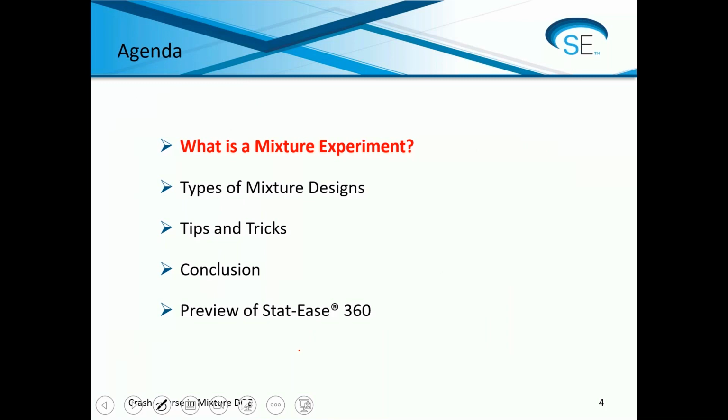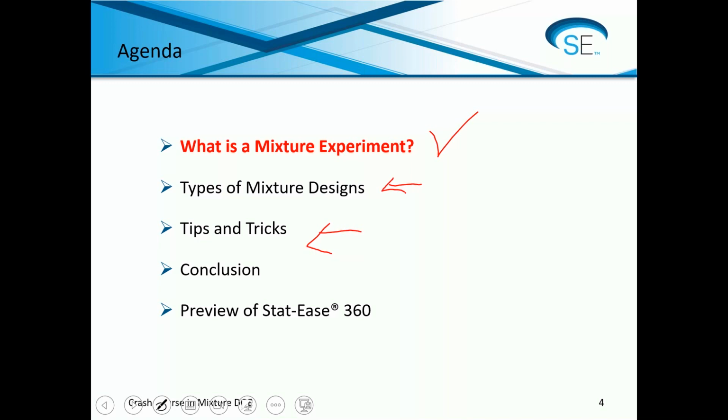So what are we going to be doing today? Let's jump right into this. First, the big question is, what is a mixture experiment? A common question we always get is, do I need to do this as a mixture DOE, or can I use a Factorial Design or an RSM design? I'll talk a little bit about the different types of mixture designs. Then I'm going to go through some practical tips and tricks.